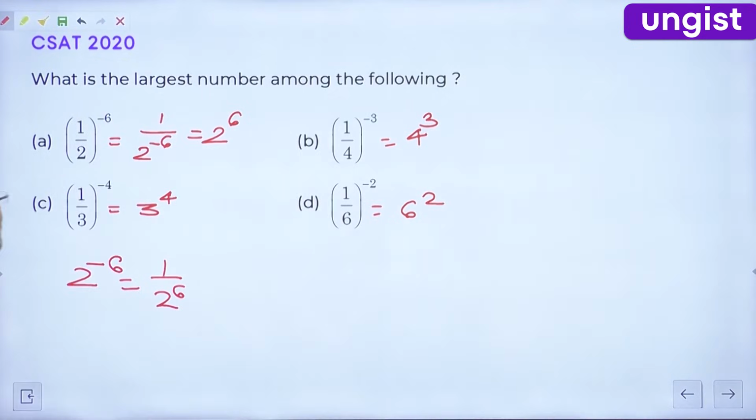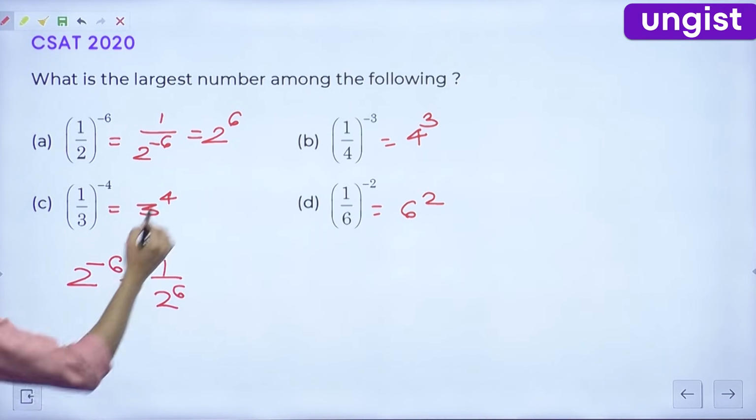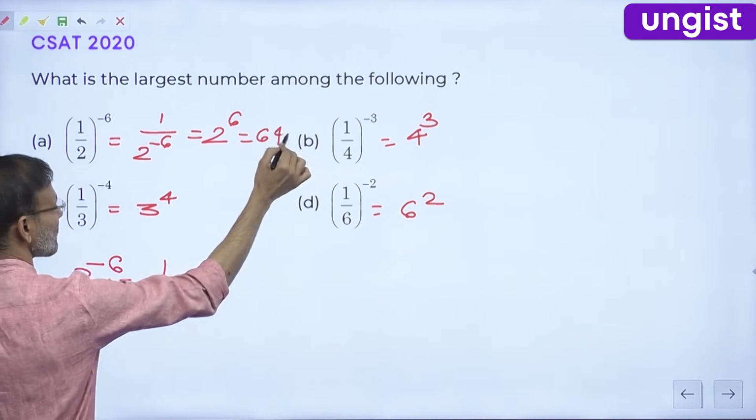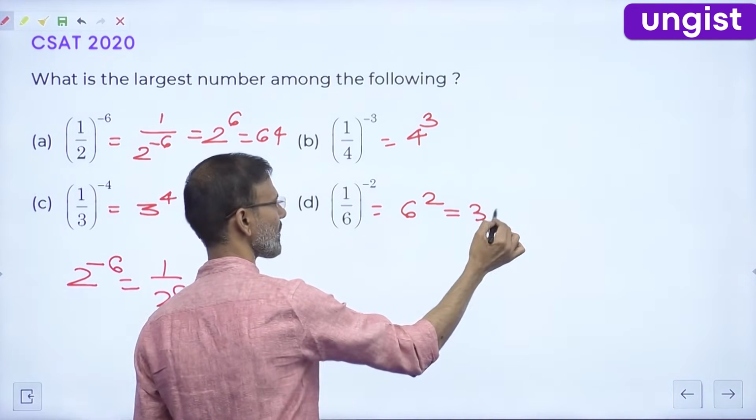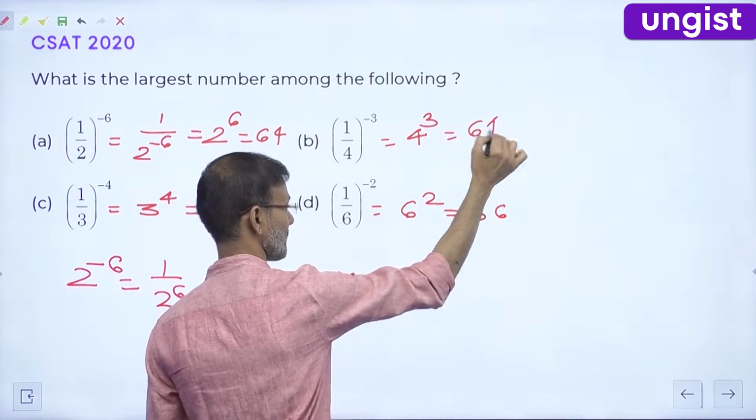Correct? Now, what is the question? The largest. Tell me the answer. 81 is the largest. See friends, this is what? This is 64. This is 81. This is 36. And this is again 64.